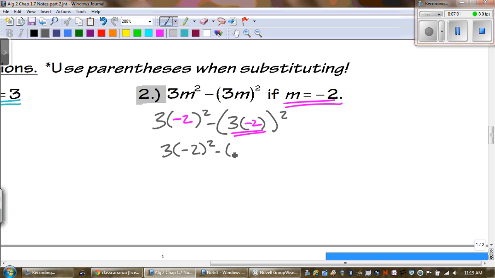Three times -2 is -6. And now we can do 2 sets of exponents right there. -2 times -2 gives us +4, and -6 times -6 gives us +36.